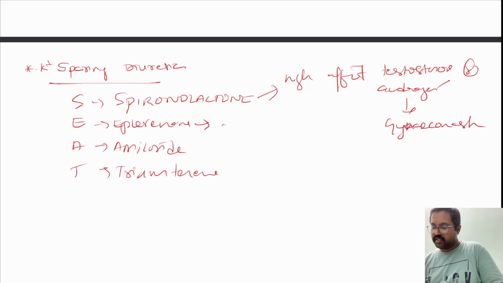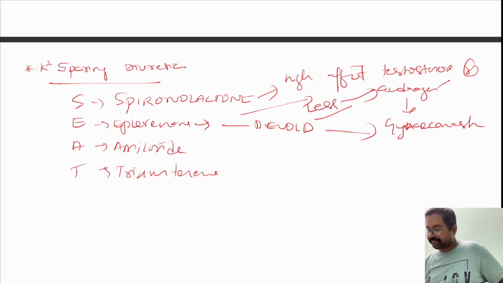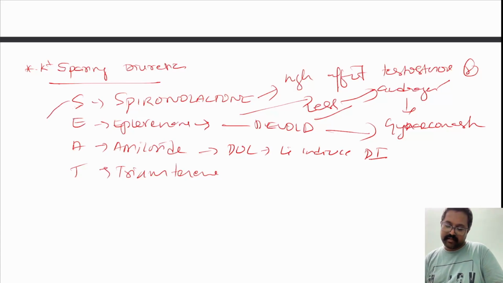Eplerenone is devoid of gynecomastia because it has less affinity towards the androgenic receptors. Amiloride, as you know, is the drug of choice for lithium induced diabetes insipidus.